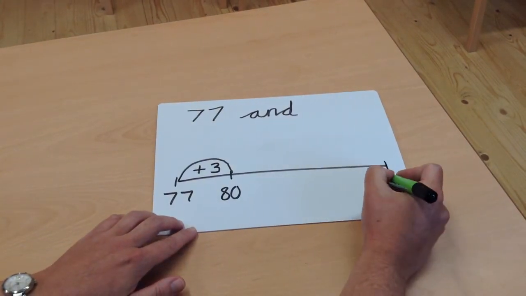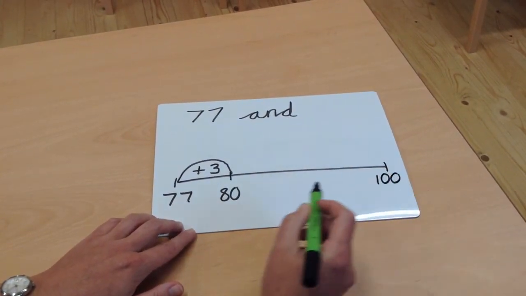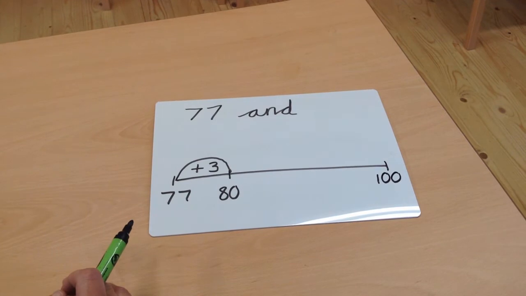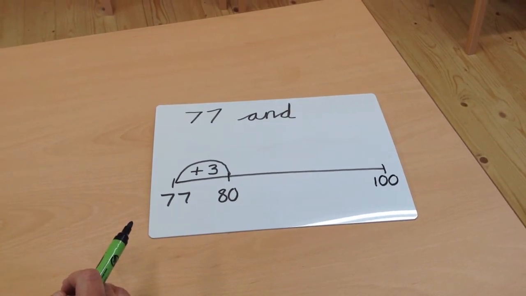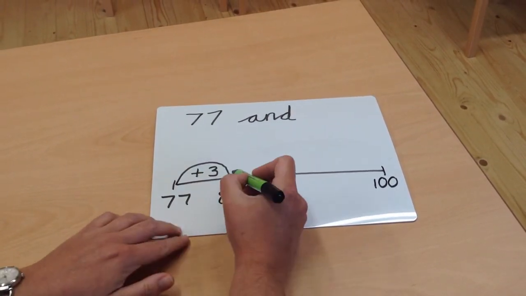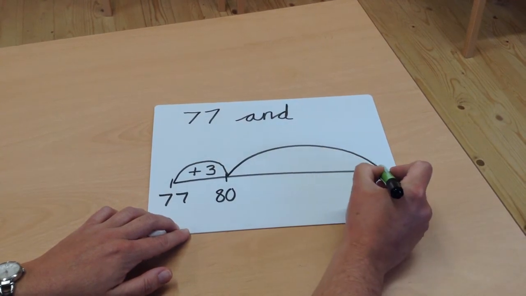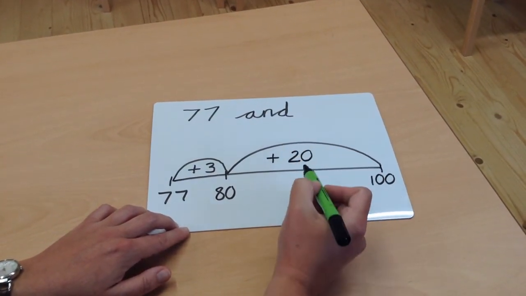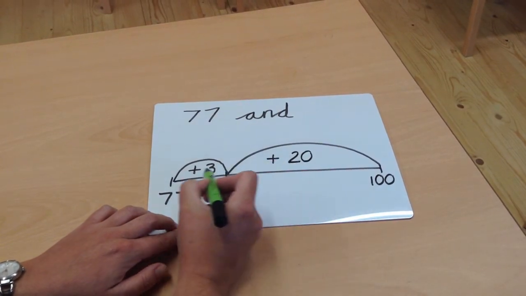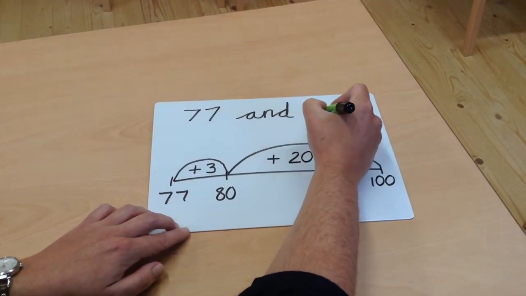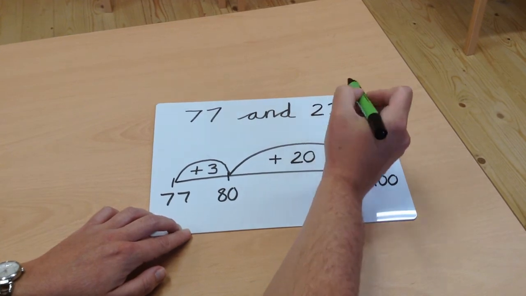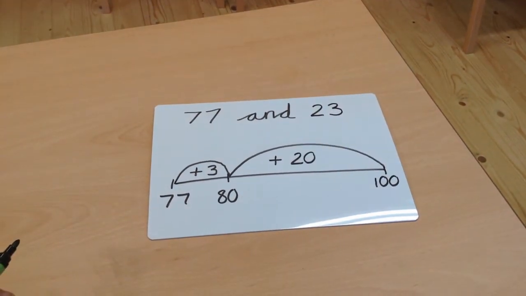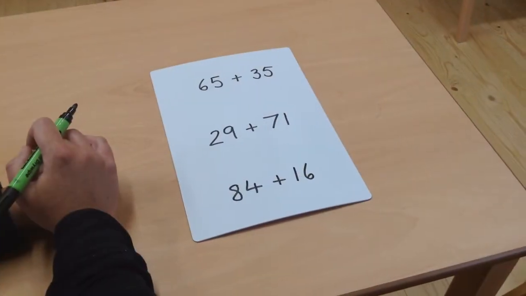I know I'm trying to reach 100, so I've then got to calculate how many more tens I need to add. I know 8 tens and 2 tens will total 100. 2 tens is 20. So in total I've added 23. So 77 and 23 is our next number bond to 100.